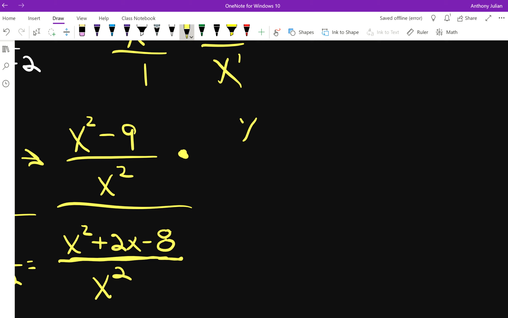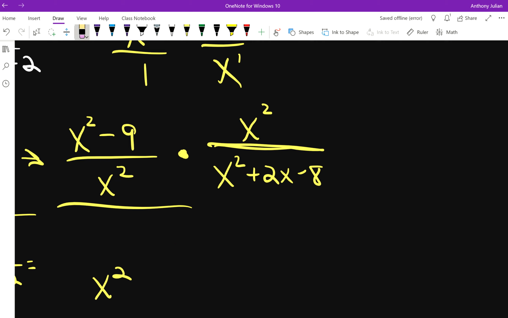And that's going to be x squared over x squared plus 2x minus 8. All right, we're ready to go. This is gone now. Here, we flipped it and it's gone. So you can't do that as easily on paper, but you know, might as well have some fun here too.